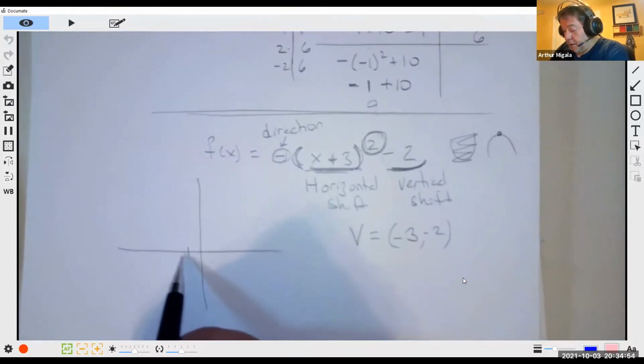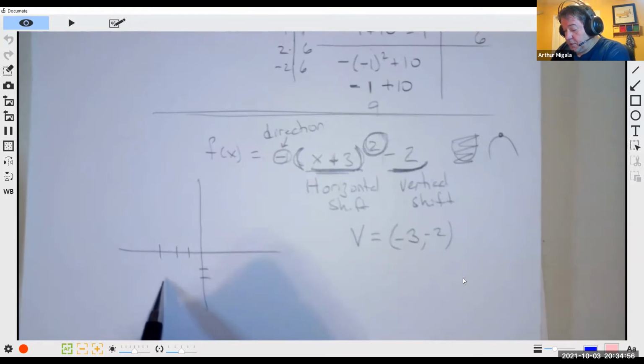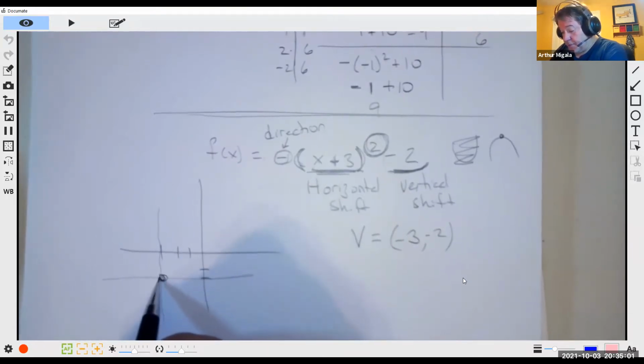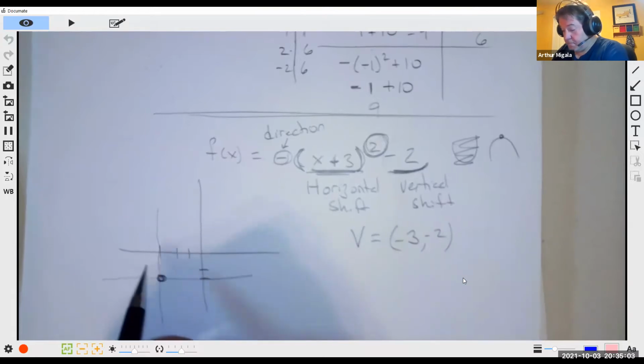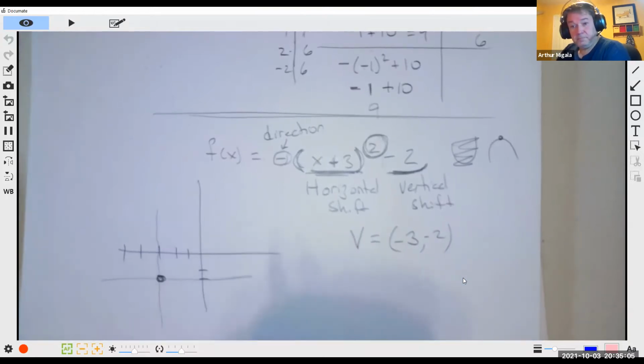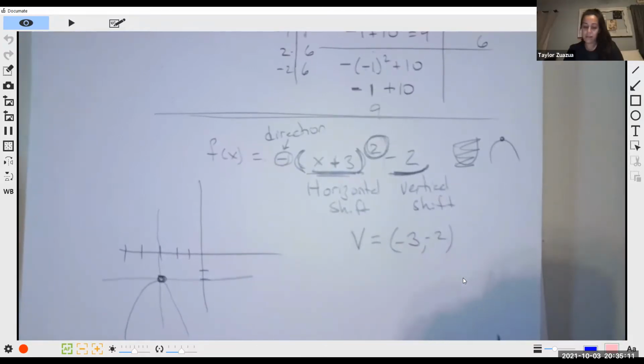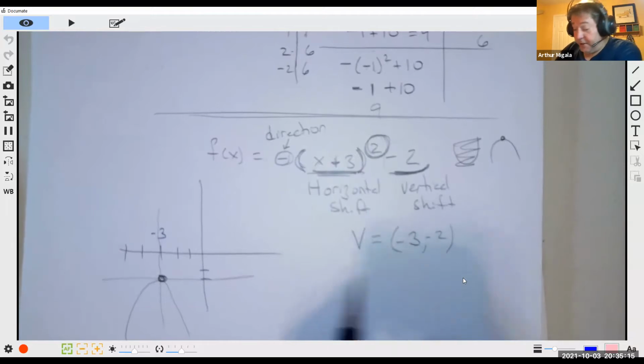Right, so 1, 2, 3. So our new vertex, our new origin is right there. And we know it opens down because it's negative. Remember, we have to find 2 more points.